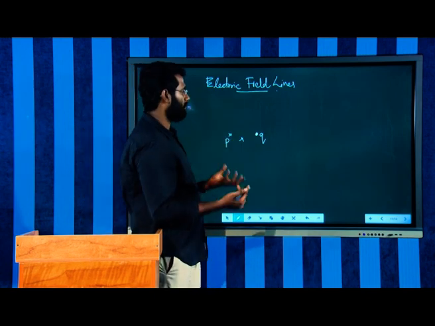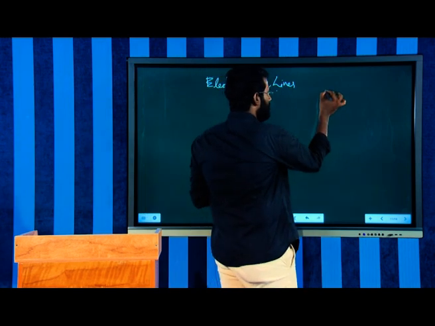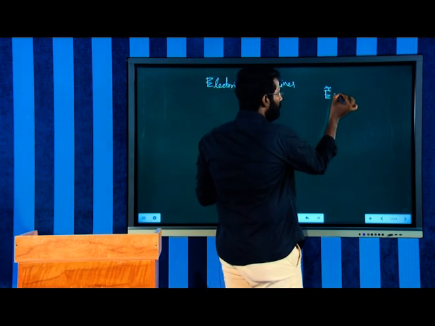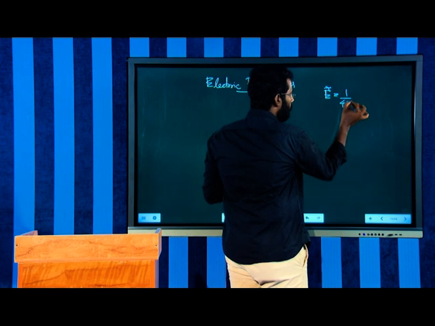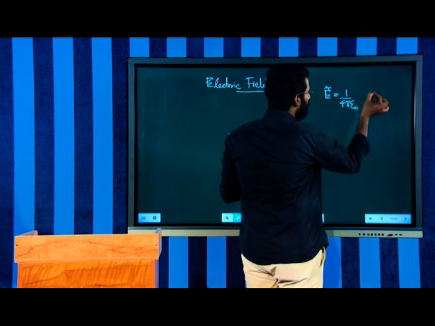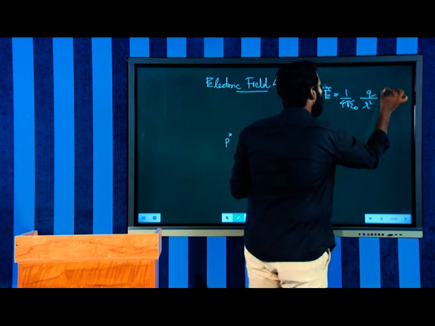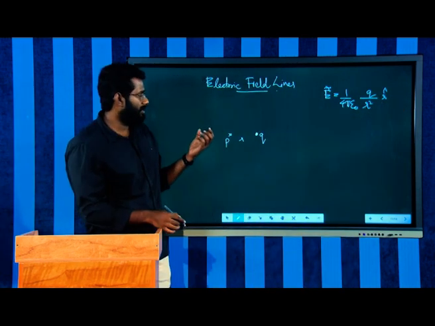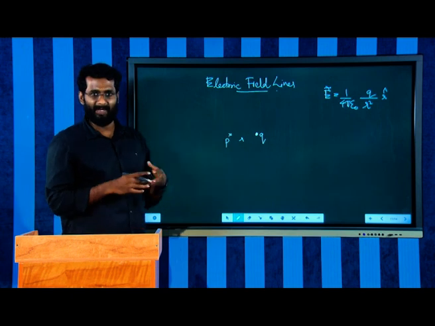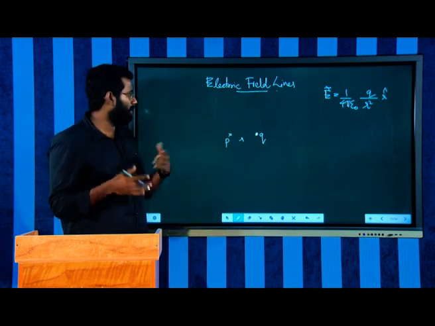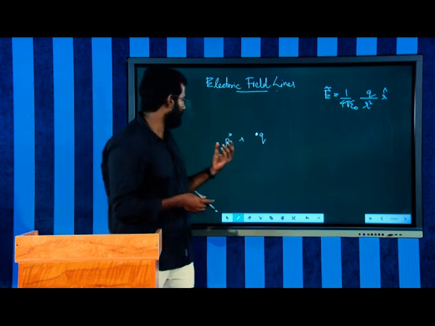We know the expression for the electric field, that is E is equal to 1 by 4 pi epsilon 0 q divided by r square into r cap. That means, if the charge is positive, then its direction will be radially outward. That already we have learnt in some previous classes.